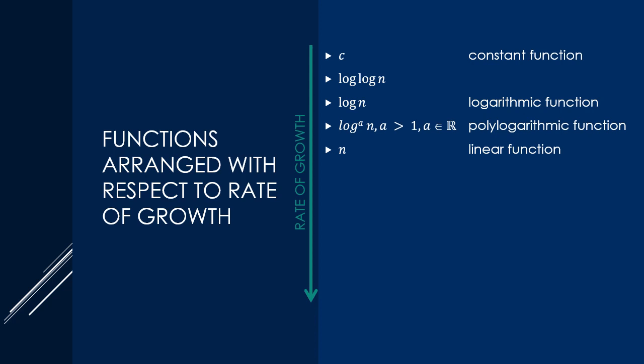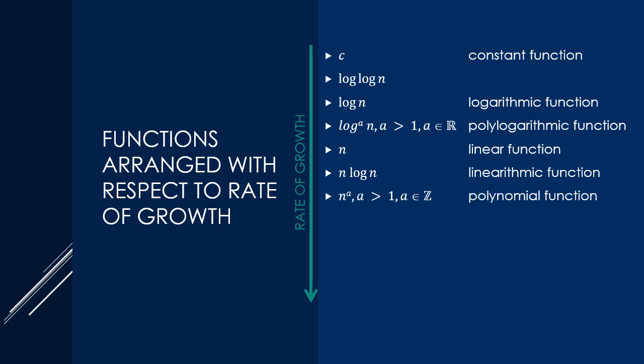Faster than the polylogarithmic function is the linear function. And a function that is faster than the linear function is the linearithmic function. This function we also saw in our previous slides. Obviously, after this, I will have the quadratic function. I have lumped the quadratic and cubic functions into one function which I call here the polynomial function.